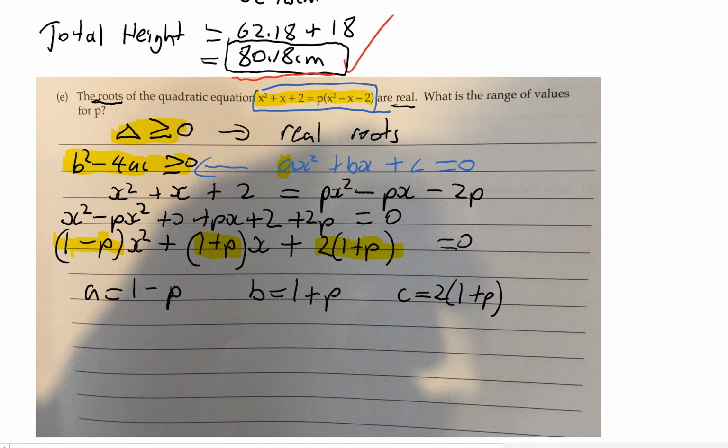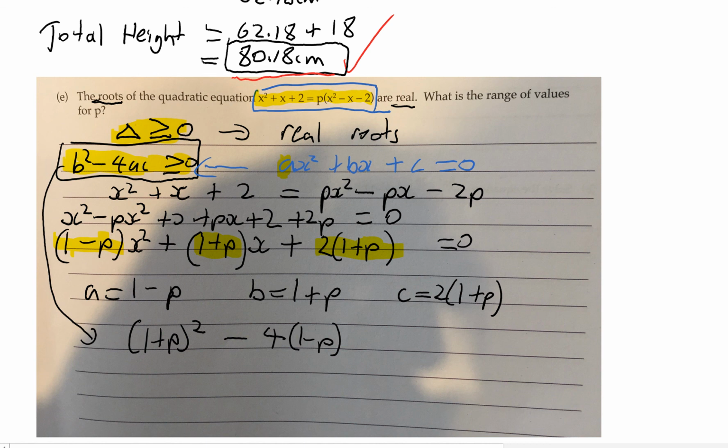So what should we do now? Well, let's set up the discriminant. Okay, so the discriminant is b squared minus 4ac, right? So what's b? b is 1 plus p. So 1 plus p squared, in brackets, minus 4ac, so minus 4 times a, which is 1 minus p, times c, which is 2 lots of 1 plus p.